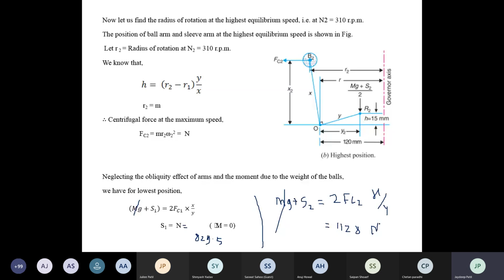Now check this answer. Okay, once you get S1, S2, you have to find out the stiffness of the spring.